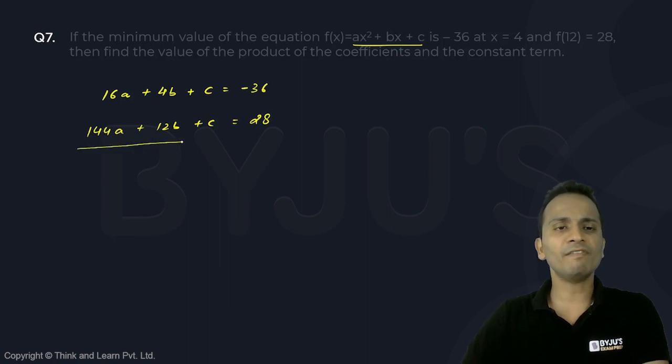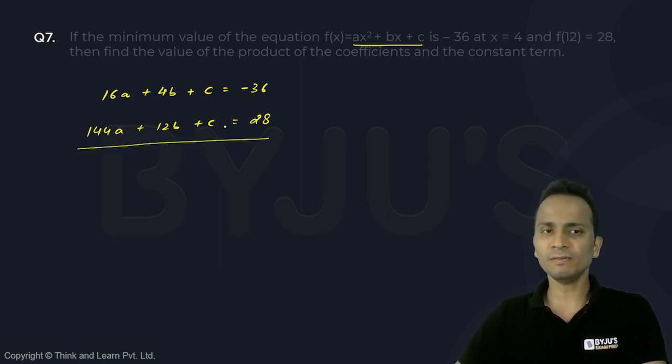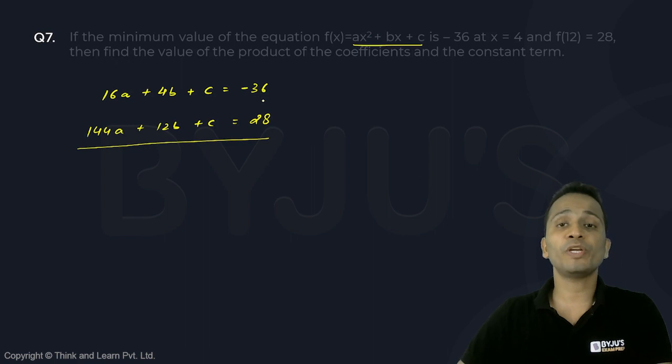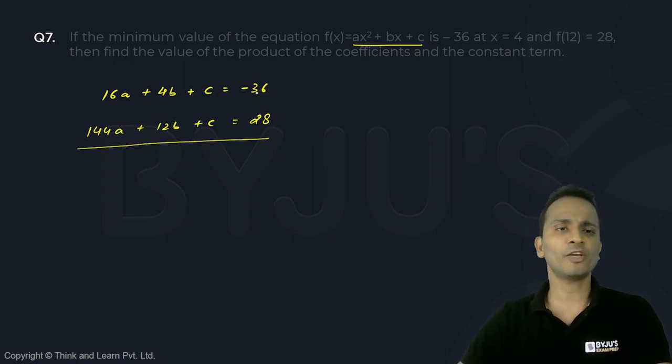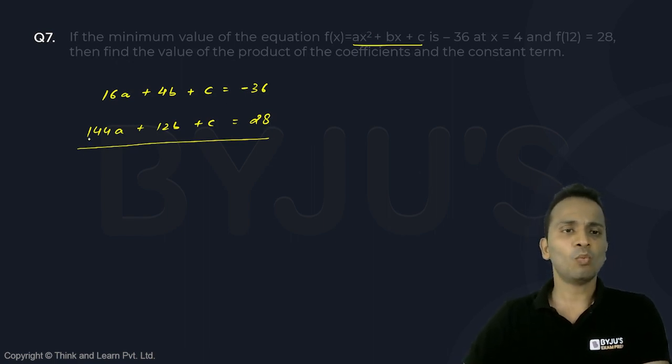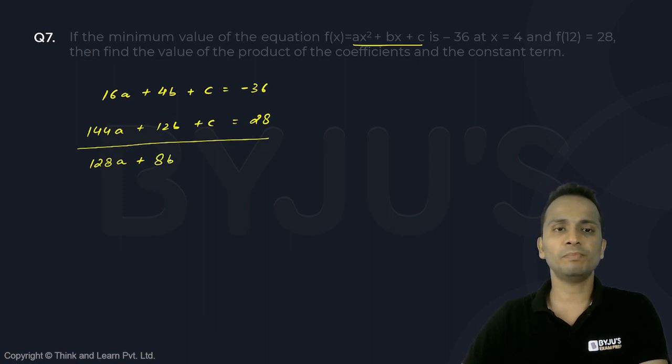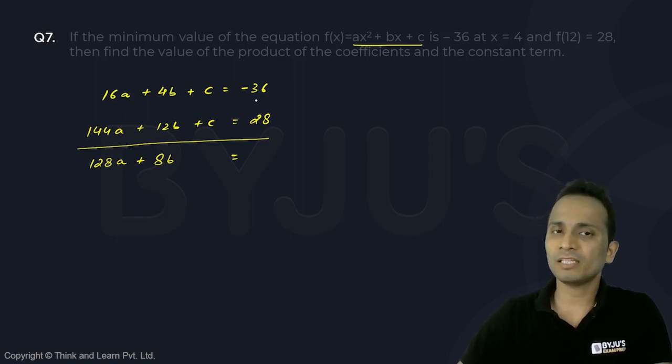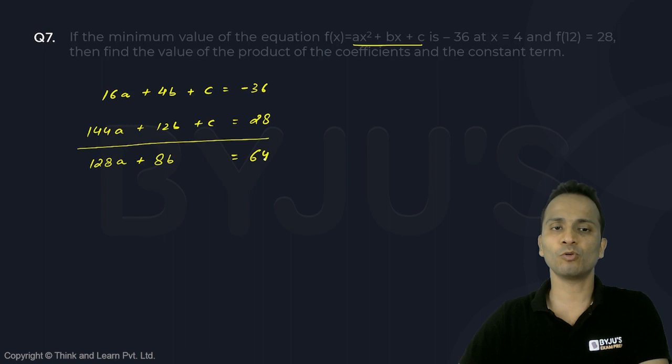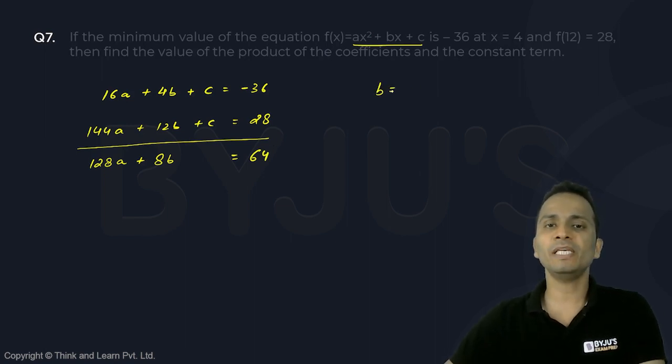Now from here I will eliminate variable c by subtracting first equation from second equation. So second equation minus first equation, 144a minus 16a, that is 128a, plus 12 minus 4 is 8b, and c will cancel, and on the right hand side it will be 28 minus 36, that is 64. Also from the previous case, I have obtained the value of b in terms of a.